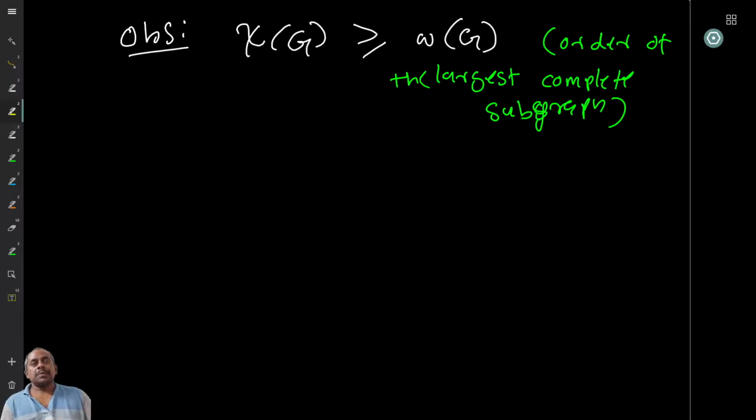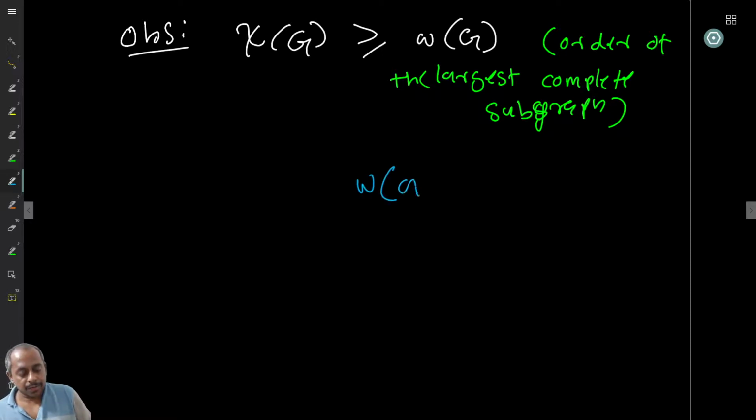Now, here is an observation that we saw in the previous examples: the chromatic number of a graph is at least the size of the largest complete subgraph sitting inside. If there is a complete graph sitting inside, all of its vertices must get different colors, and omega is the cardinality of the largest complete graph sitting inside.